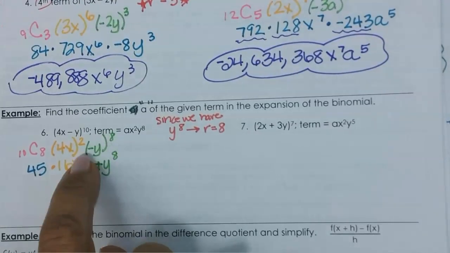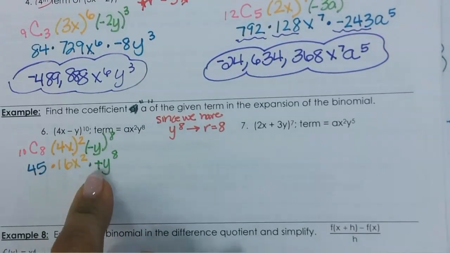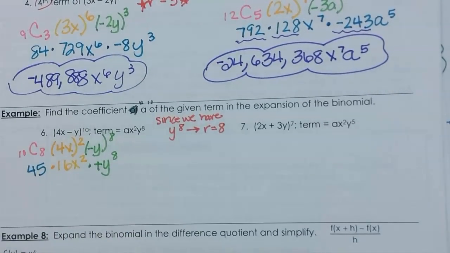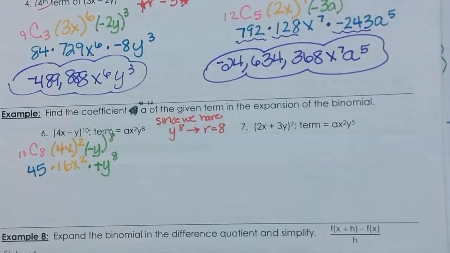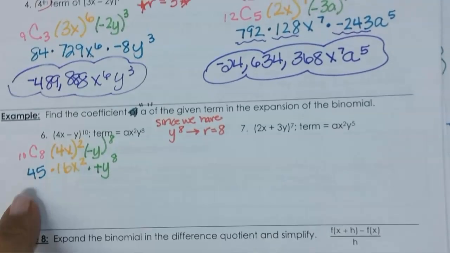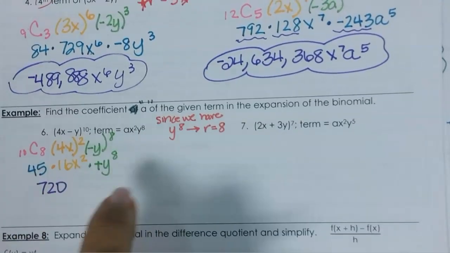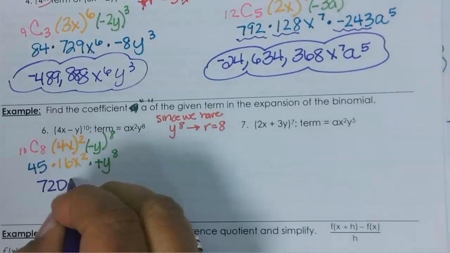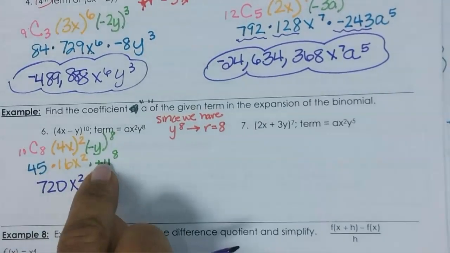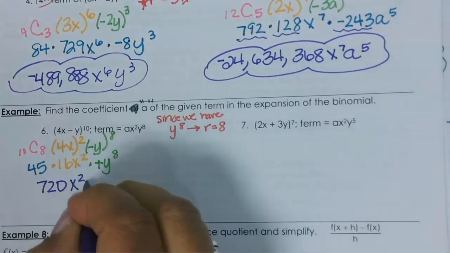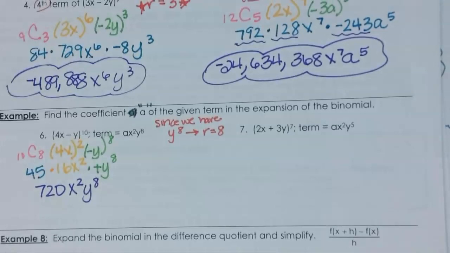Because again, I'm taking negative 1 to the 8th, which is positive, and then y to the 8th. Okay. And so then I can combine these together, and I'm going to take 45 times 16, which is 720. And then I have x squared. And I know I wrote plus, but that's just because I accidentally wrote a negative. This is really a factor of a positive y to the 8th.